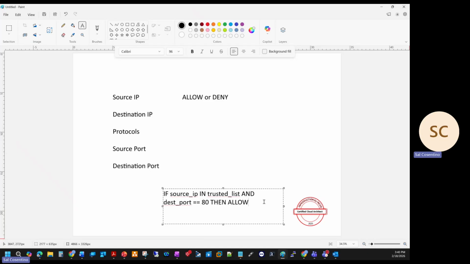Does that make sense? So if the source IP is in the trusted list and the destination port equals 80, that logic is allowed, right? That's sort of what the rules are when you're creating these specific rules.